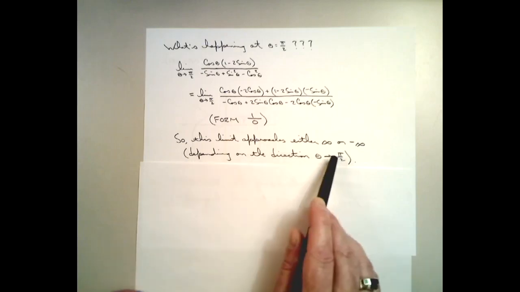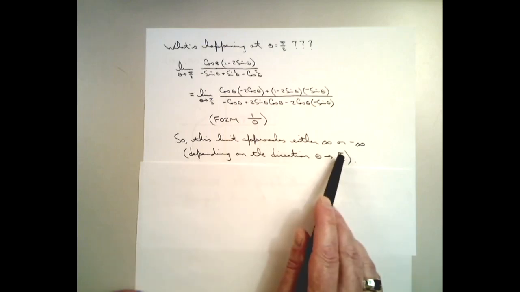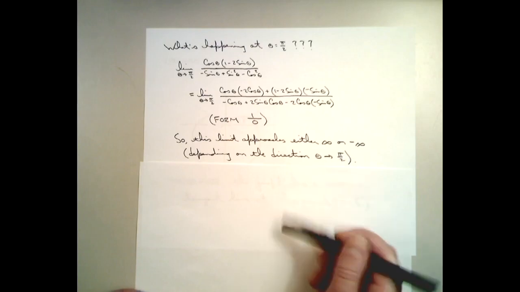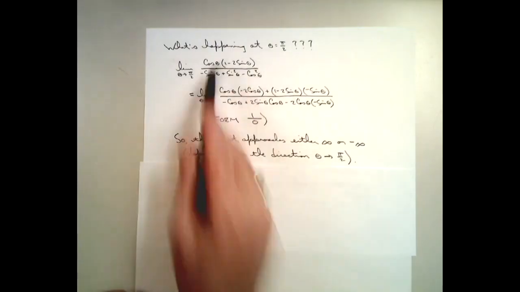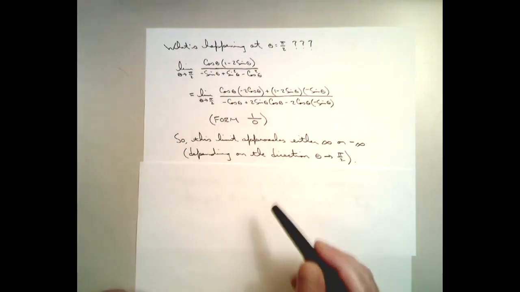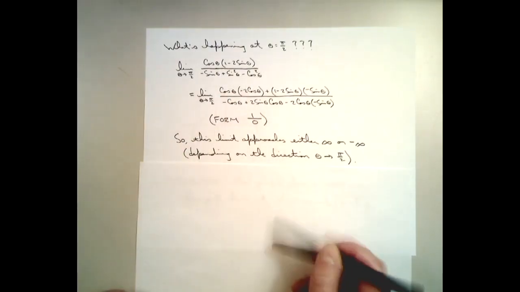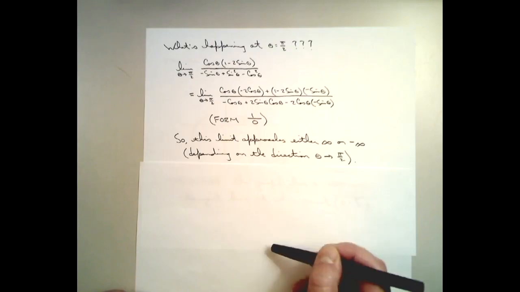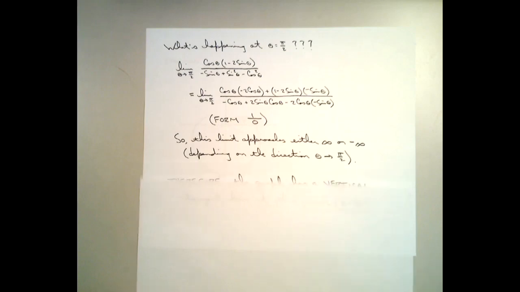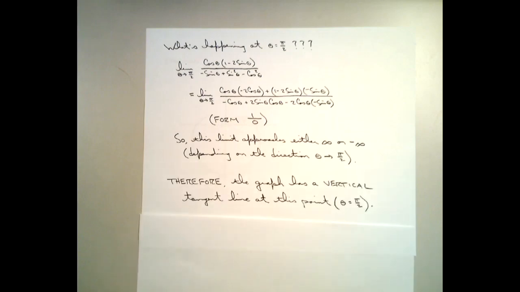We know the limit approaches negative infinity or positive infinity, so that's going to guarantee that my derivative, which is what this was expressing, is going to be undefined at that point, and I'm going to have a vertical tangent line. And so that's what we can conclude from that.